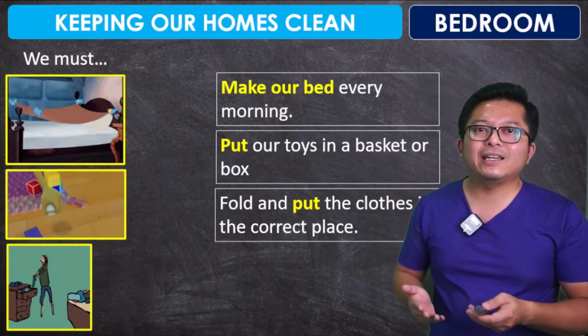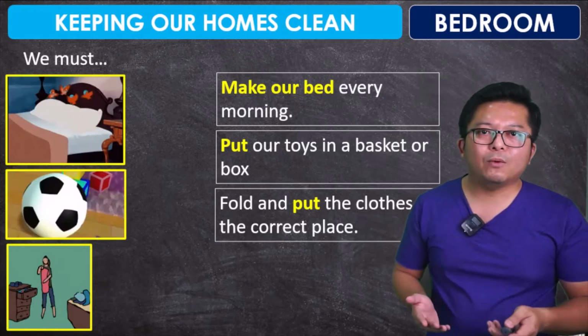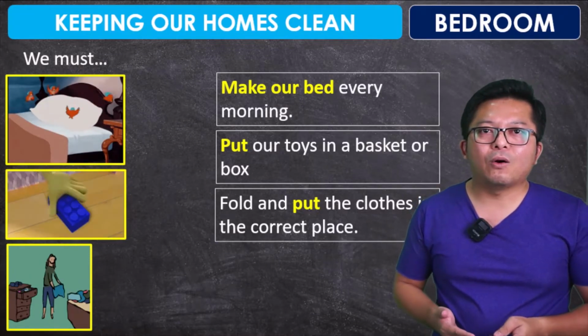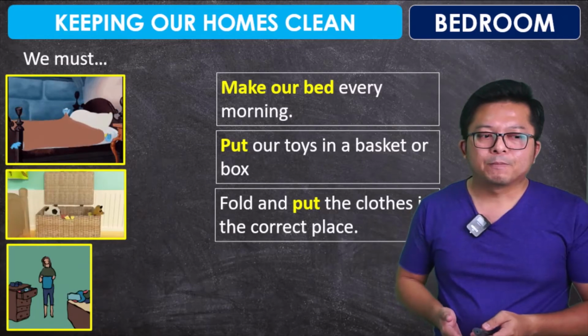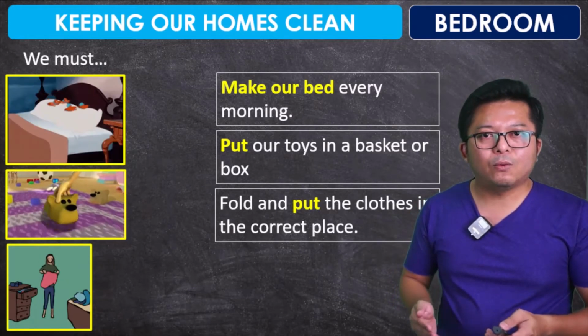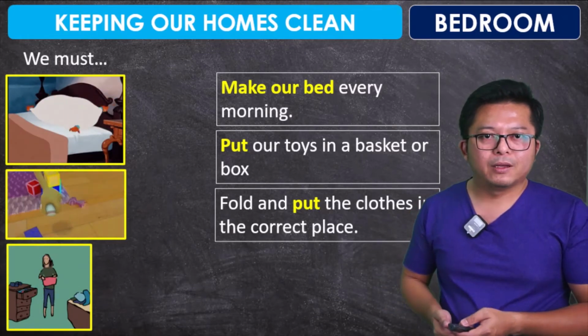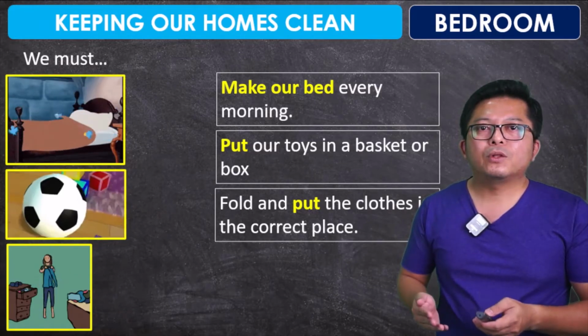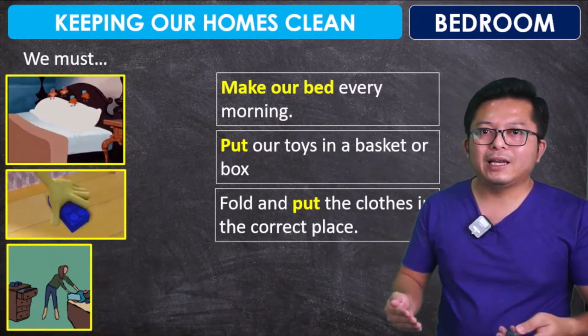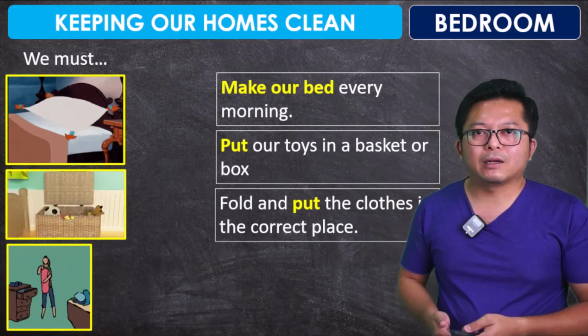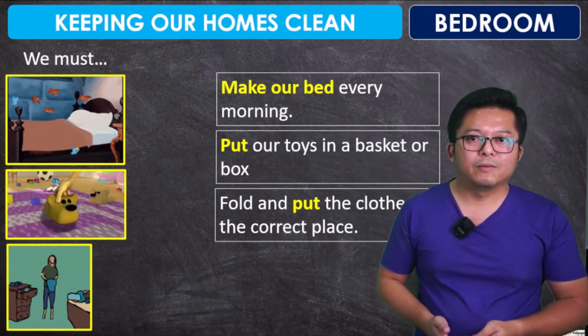But if it's clean clothes, or maybe your towel, put in the correct place. Like if it's a towel, put in a towel rack. If it's a shirt, fold it, lipat, and put in the cupboard or dresser.